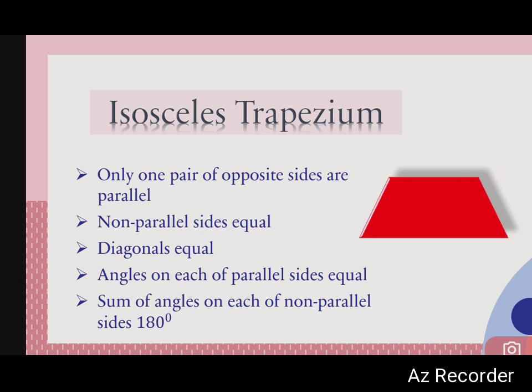In the case of angles, angles on each of the parallel sides are equal. That is, this angle and this angle are equal, and this angle and this angle are equal. Also the sum of angles on each non-parallel side, this angle and this angle, is 180 degrees, and this angle and this angle also sum to 180 degrees. So an isosceles trapezium has only one pair of parallel sides and the non-parallel sides are equal.